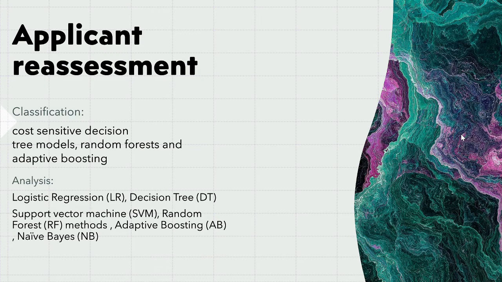So the first part of the study is called applicant reassessment. They mainly use cost-sensitive decision tree models, random forest, and adaptive boosting for classification. And for analysis, they use logistic regression, decision tree, and other methods.